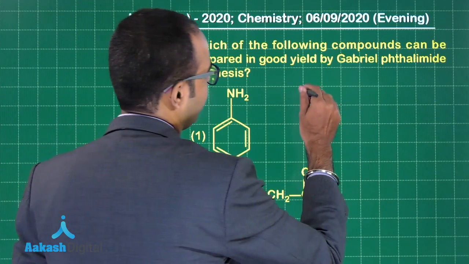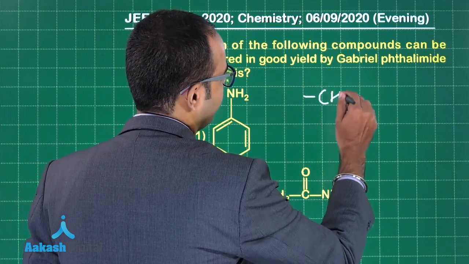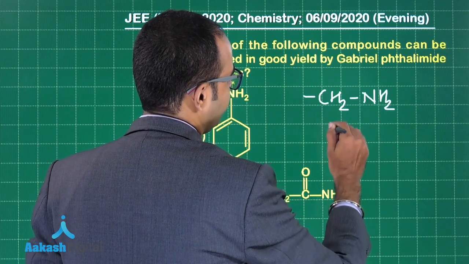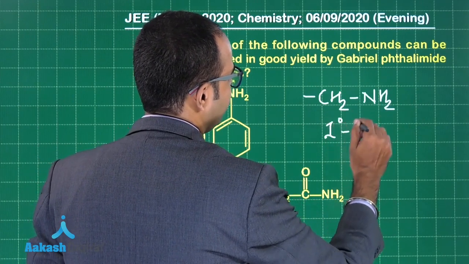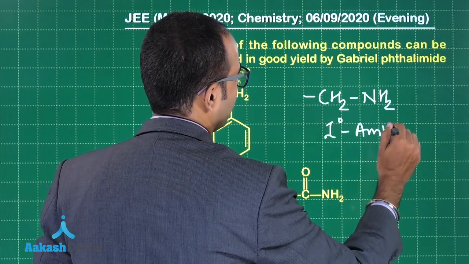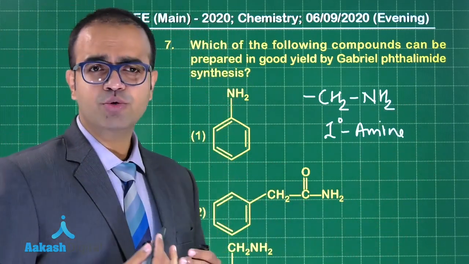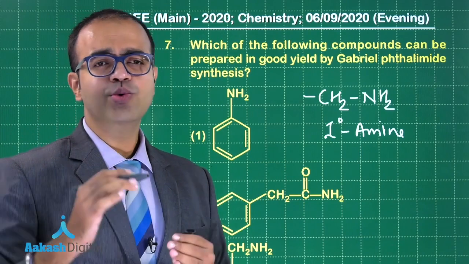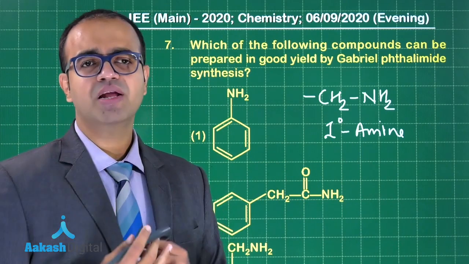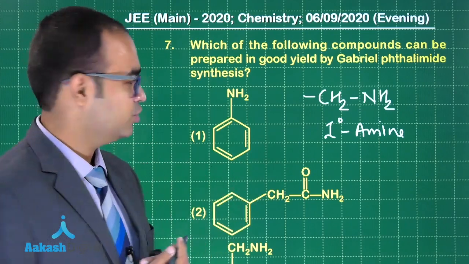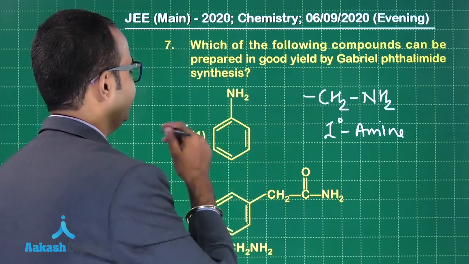We prepare mainly primary amines, because if you are preparing an aromatic amine, nucleophilic substitution will not take place in an aromatic amine. That's why you are not preparing an aromatic amine. So option 1 is out of question.